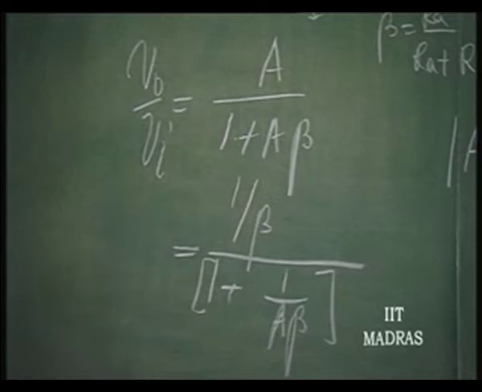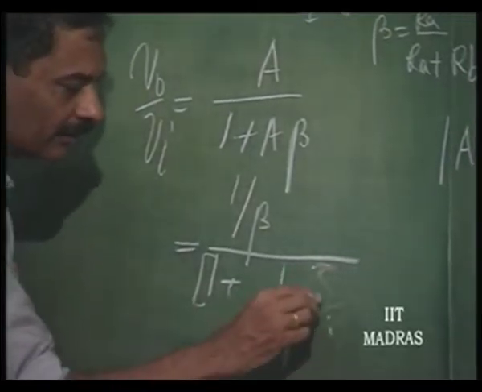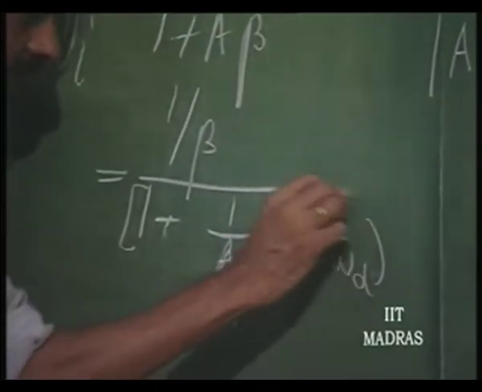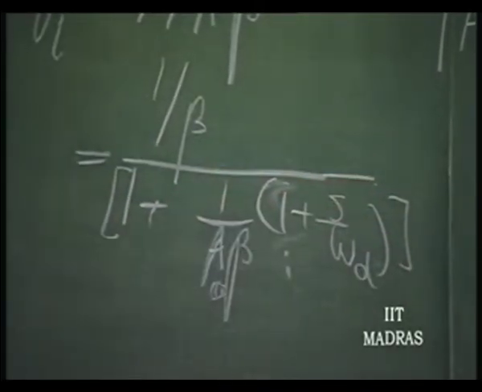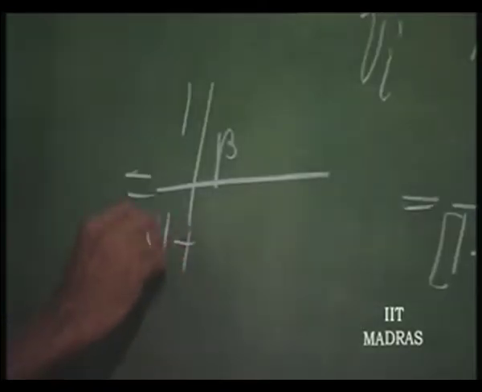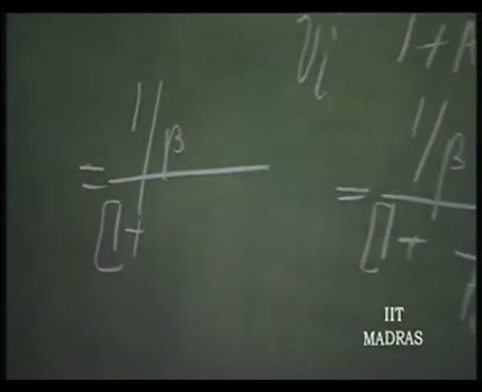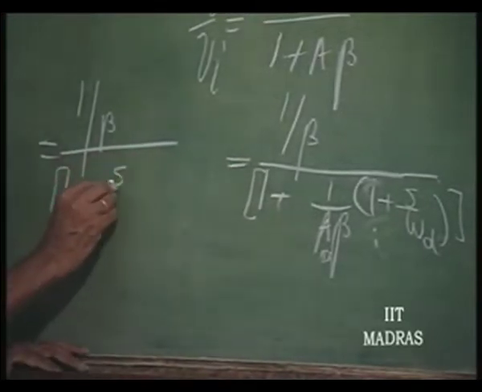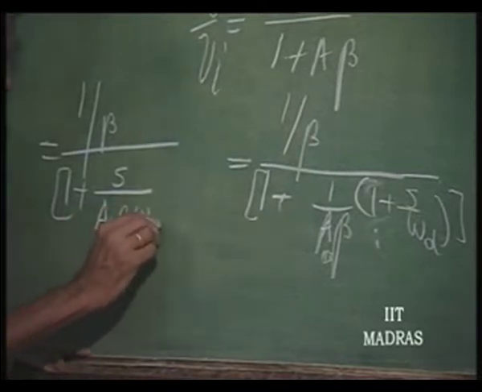So, this A becomes A naught divided by 1 plus S by omega d, now with negative feedback. So, what happens? 1 over beta, divided by 1 plus 1 over A naught beta, which is going to be very small compared to 1. So, I ignore that, leaving S divided by A naught beta into omega d.